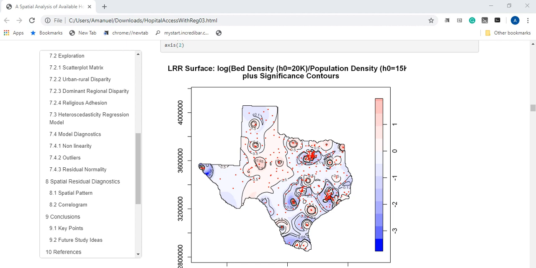So the interpretation is: if the log relative risk is greater than 0, it's oversupplied. If it's approximately 0, it's balanced, and if it's less than 0, it's underserved. As we can see from this map, the pixel layers with red color show the oversupplied areas, whereas the blue colored pixels show the underserved areas.